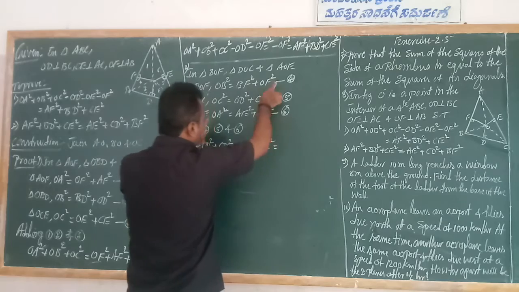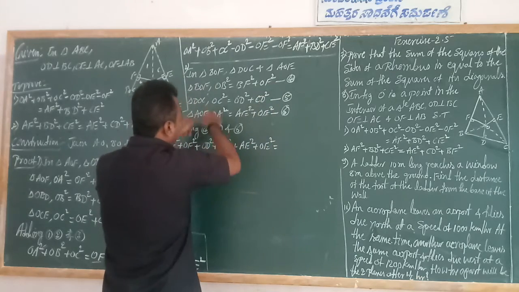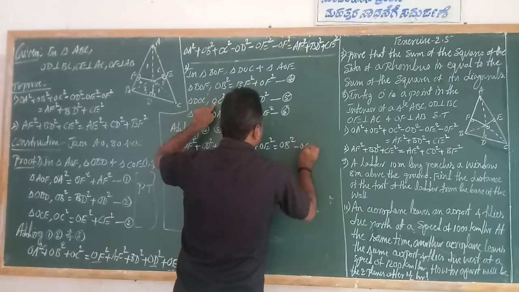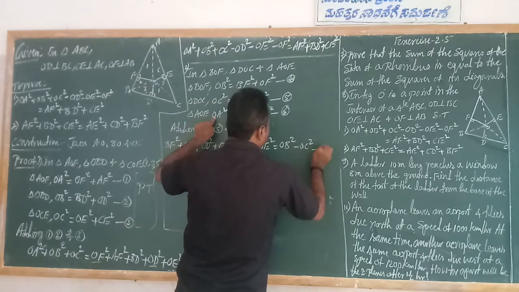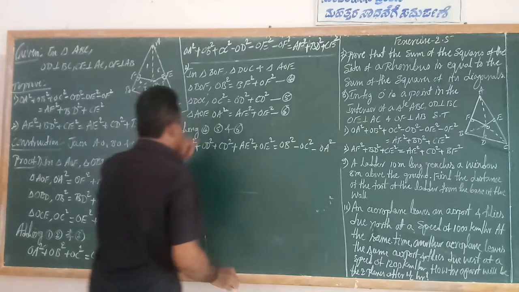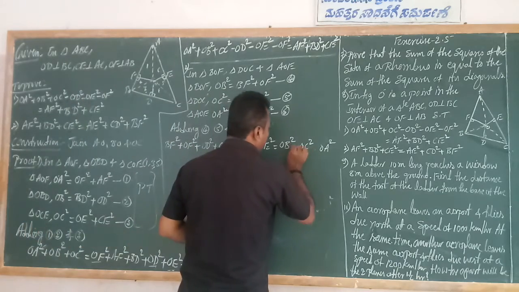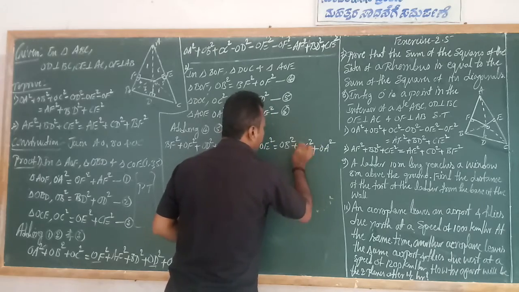It is equal to, I will write the RHS first, OB square plus OC square plus OA square. Sorry, plus not minus, these are plus, we are adding here.